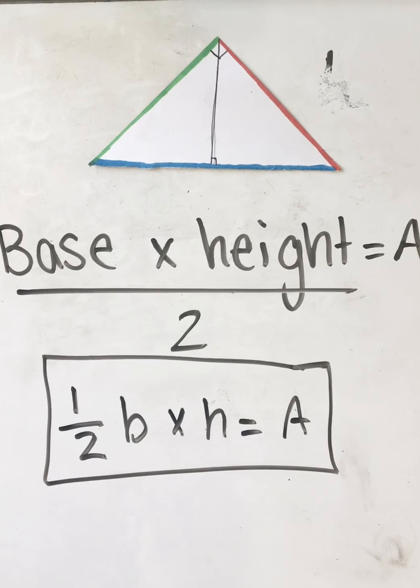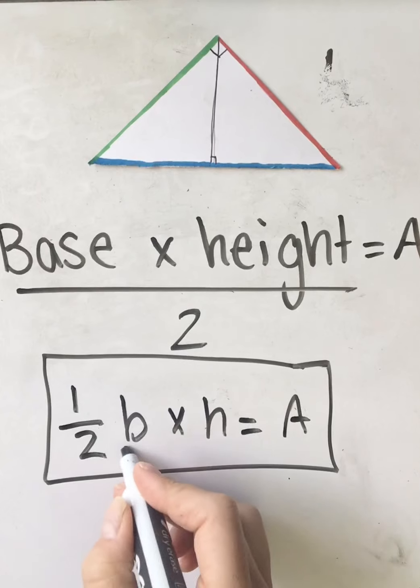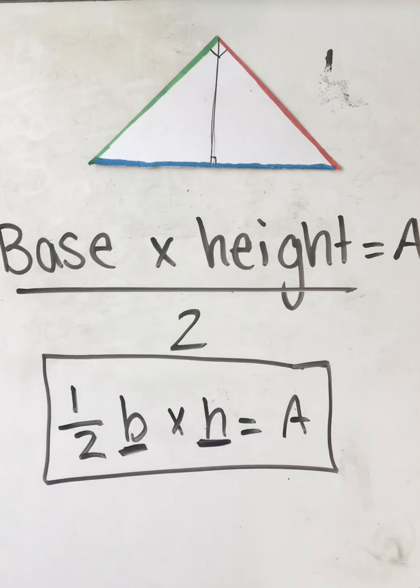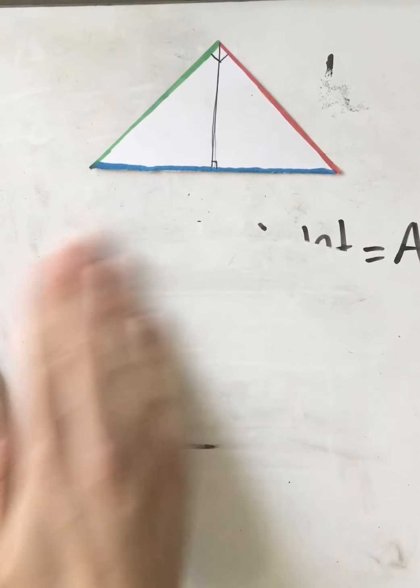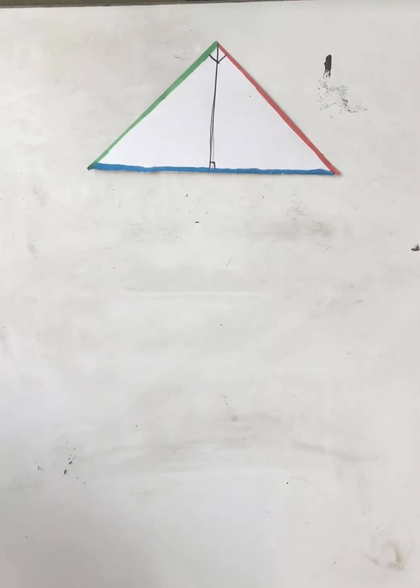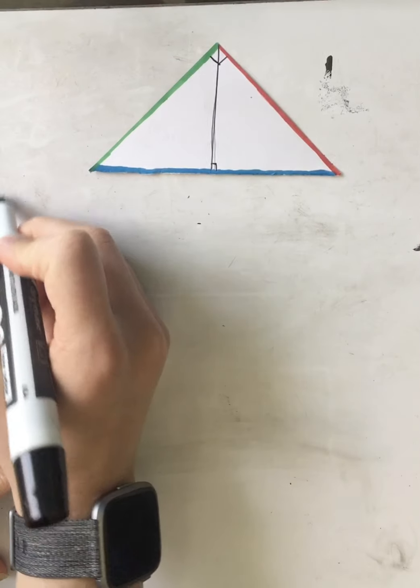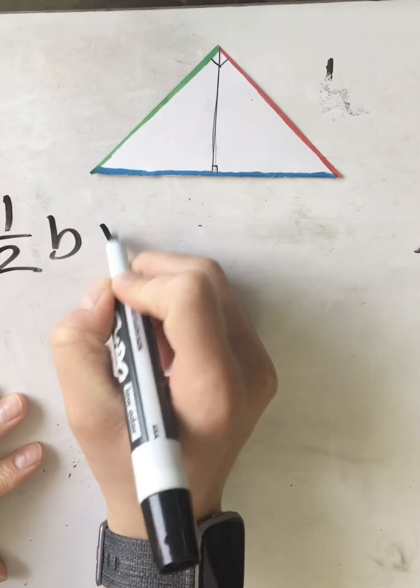Once you have the formula, it's as simple as just inputting your base and your height, those measurements, and then solving it to find the area. So you'll be able to see examples of this in a later video, but let me solve very quickly one example for you. So again, our formula is 1/2 base times height.